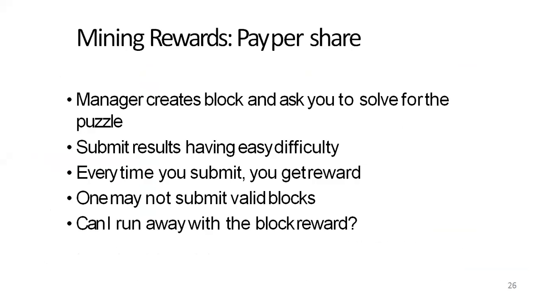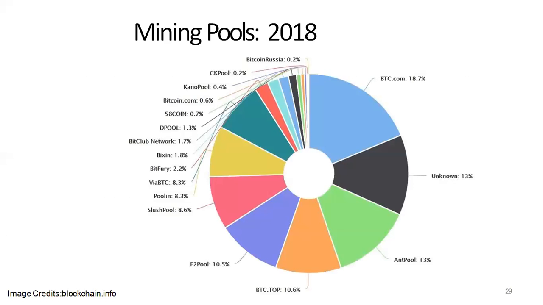So for mining rewards, there are multiple methods: pay per share, proportional sharing. In mining pools as of 2018, BTC.com has 18.7% of nodes in the world. It's a mining pool. Unknown is the second pool, which has 13% of nodes. But all these nodes are still individual nodes.